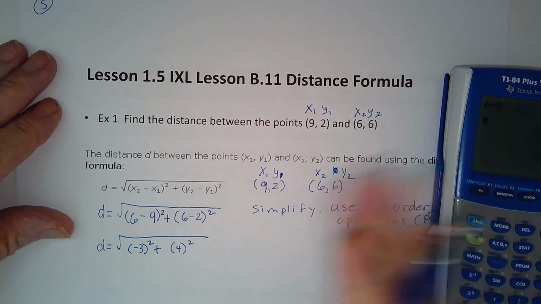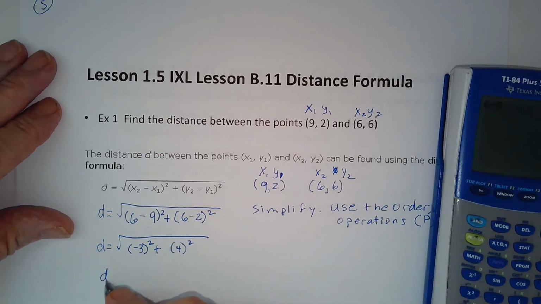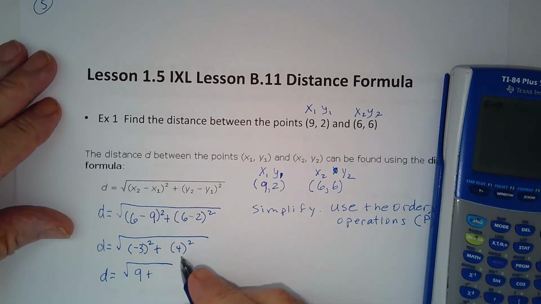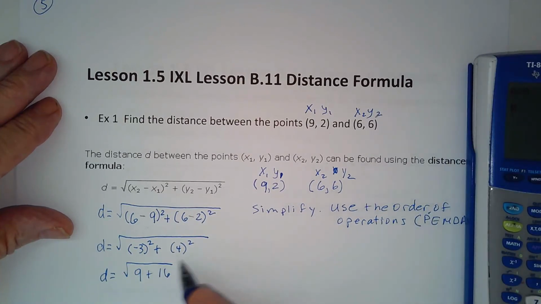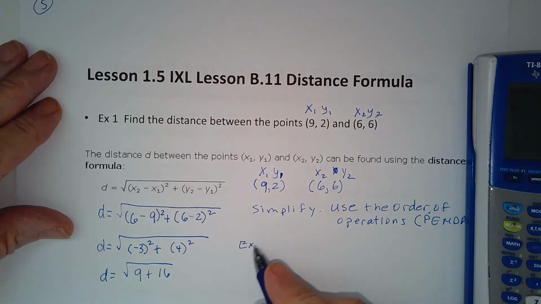So I'm just going to leave it for the moment. And we're going to put d equals the square root of 9 plus 4 squared, or 4 times 4. 4 times 4 is 16. Okay, so we did the exponents.